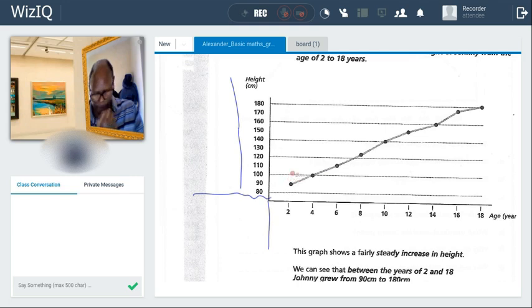The first thing: I said the vertical axis is the y-axis, and it has the dependent variable. Its value is dependent on the x-axis. The x-axis is called the independent variable.